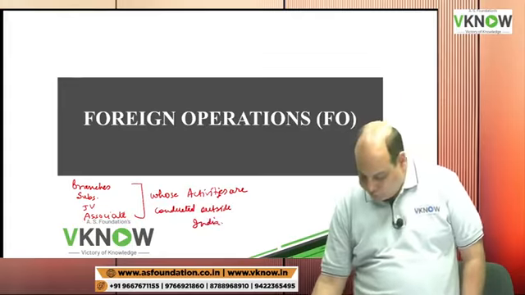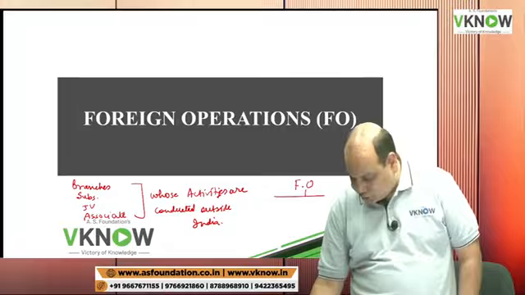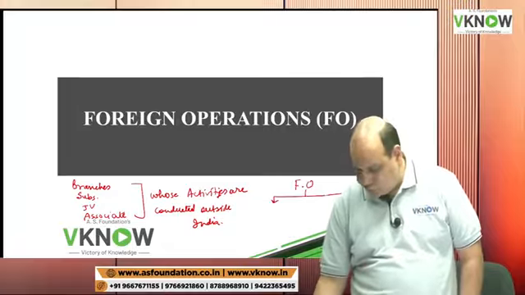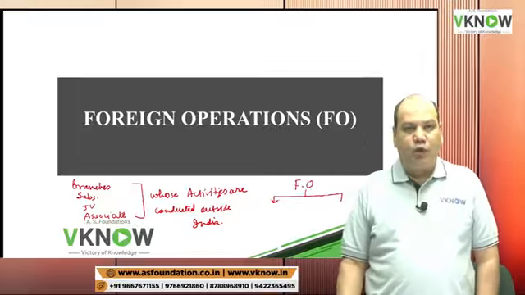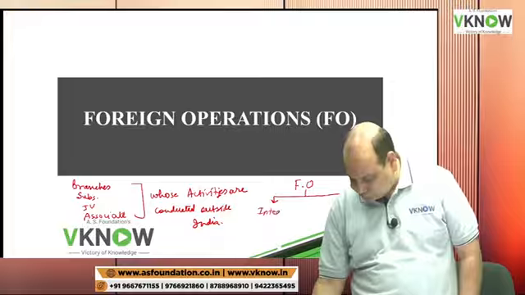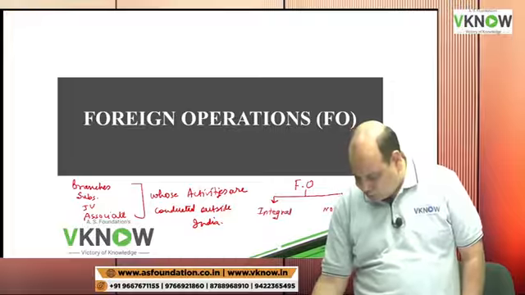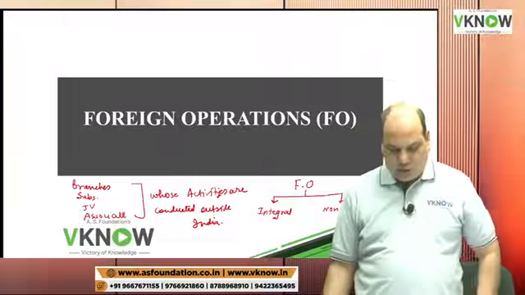And next thing which we have learned is that these foreign operations are of two types. For accounting purpose, foreign operations will be of two types. One is called integral and the second is called non-integral.